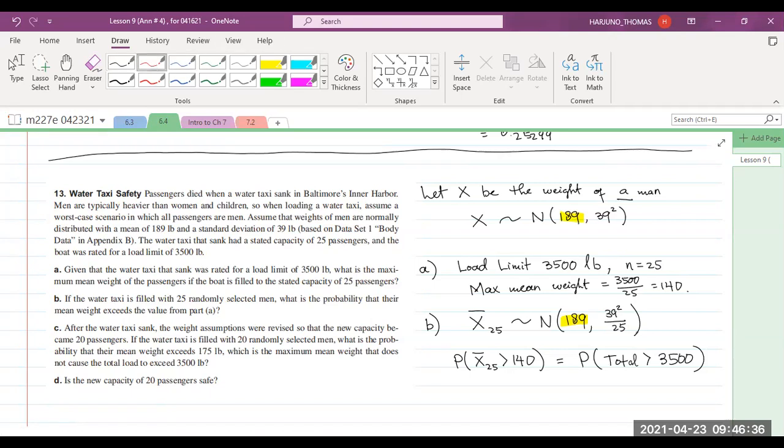So you imagine the total divided by the number of people. That's the average, right? The average is the total over the count, remember? The first day of class. So I divide by the count, 25. That's how we get that: the mean weight of 25 men to be more than 140.